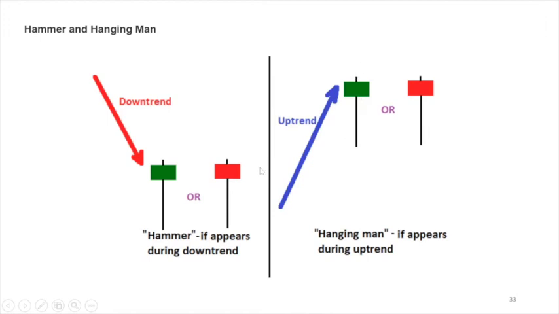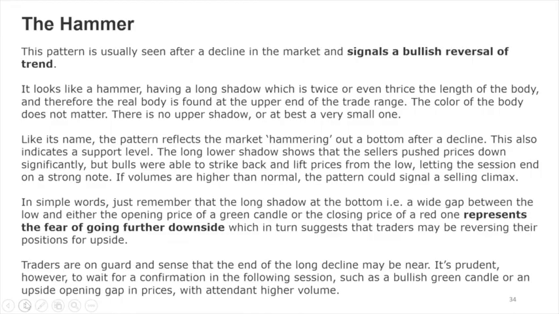Another confirmation is that after this particular form, the price opens with a gap. That's another indication the price is going to push up, and another indication for you to buy and earn some pips. This is how you need to look and make a decision. That's what is being told here.